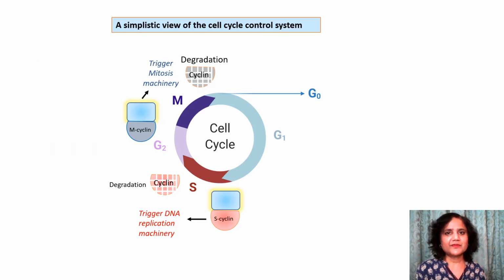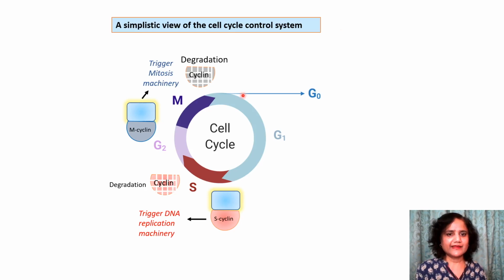Shown here is a simplistic view of the cell cycle control system. At the start of S phase, the S CDK cyclin complex is active and it triggers the DNA replication machinery. At the end of S phase, the S phase cyclin is degraded. Now again, at the start of M phase, the M CDK cyclin complex is active and it phosphorylates many targets in order to trigger the mitosis machinery and bring about various complex events that occur during mitosis.